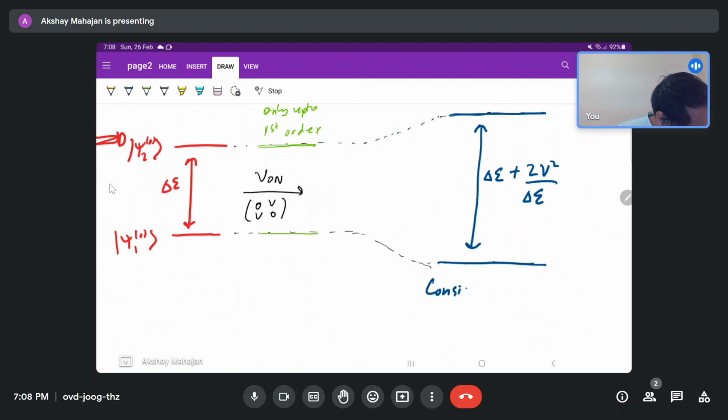This is considering second order energy correction.